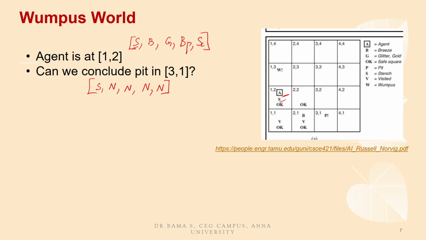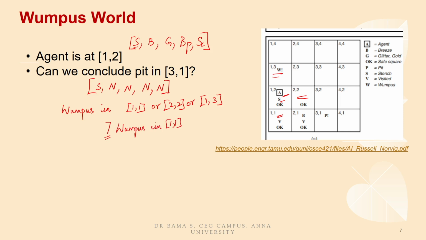So, when there is stench, he concludes that the Wumpus may be in 1 1, here, or 2 2 or 1 3. In one of the places the Wumpus will be there. Now, by the first instance when he was at 1 1, it was safe. So, the agent concludes there is no Wumpus in 1 1.